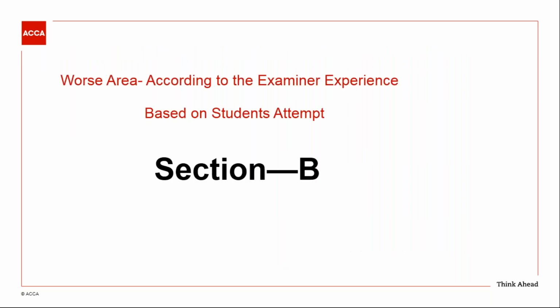Next, we discussed that section B is the worst area for students, because examiners said in their article that section B is a very critical area which students always lack in attempting. So we had to focus on section B, and we are focusing on it.